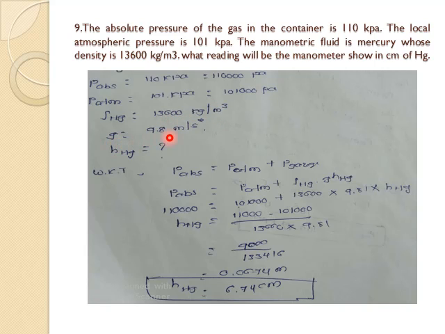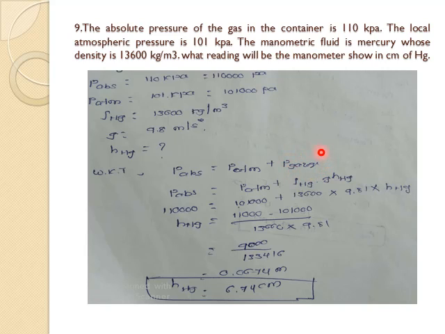G, gravitational constant, is 9.8 meter per second square, we know that. Now using these data we need to find out the reading shown by the manometer. I mean the height of the mercury column in the manometer in centimeter. We know the basic formula, which is absolute pressure in any container is equal to atmospheric pressure plus gauge pressure.